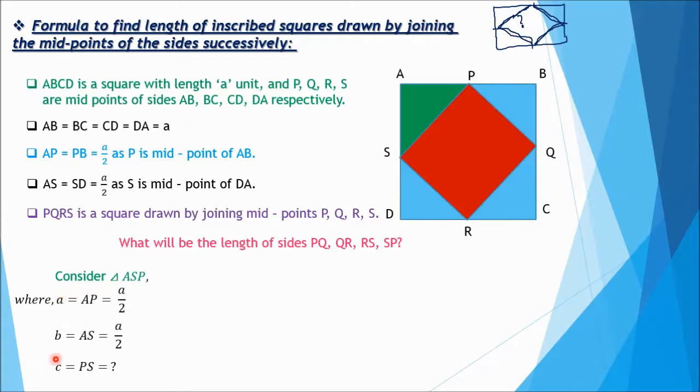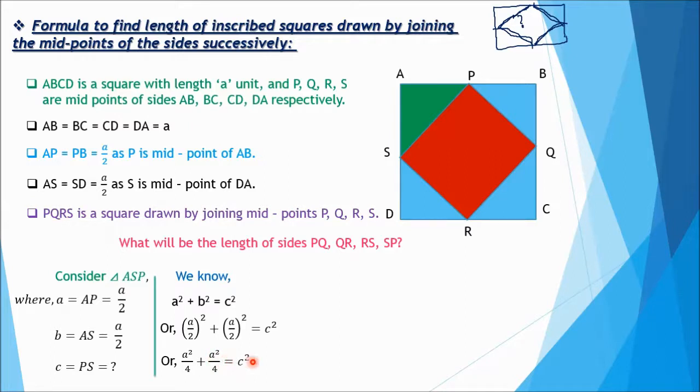For a right angle triangle, to apply Pythagoras theorem, we know a square plus b square is equal to c square. We have the value of a, that is a by 2 whole square, and we have the value of b, that is a by 2 whole square, and we don't have the value of c, which we have to find. So a square by 4 plus a square by 4 is equal to c square. We can add these by taking the LCM, which is 4, so a square plus a square by 4 is equal to c square.